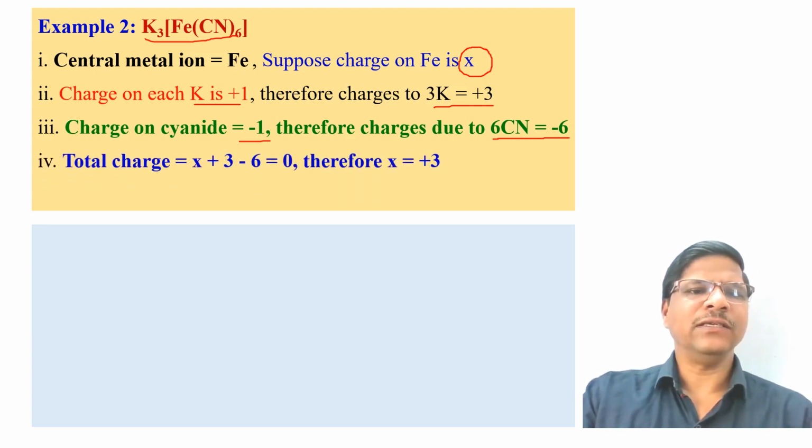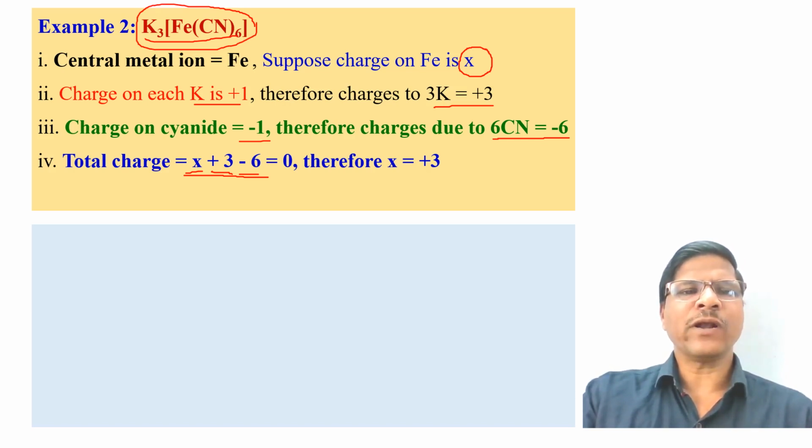The sum of X, +3 and -6 is taken as 0, since K3[Fe(CN)6] is a neutral compound.